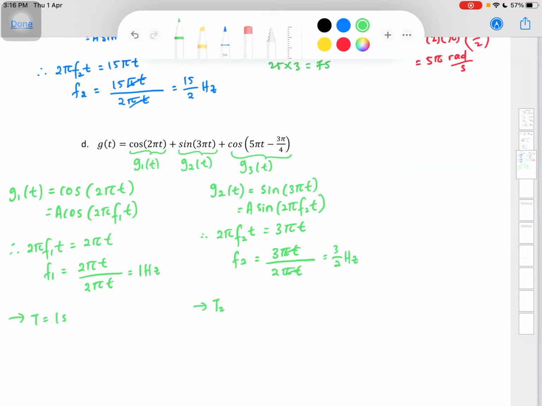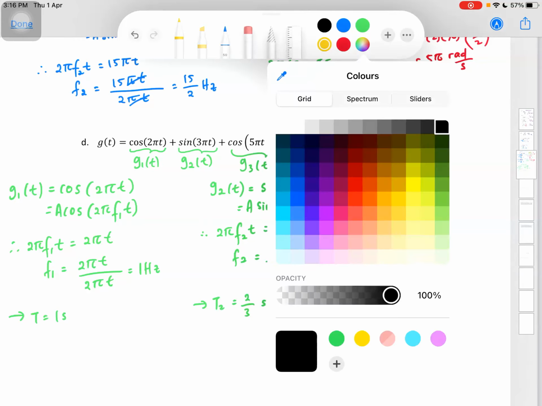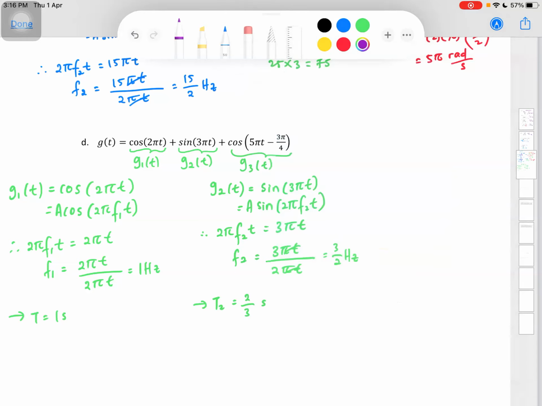So T2 will be 2 over 3 seconds. Right. Now for g3, let me use a different color, say a purple color.